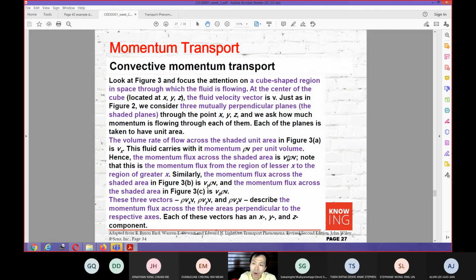You can then check what the unit is for this one to make sure that the derivation is correct. You have three types of forces here. The force in the x direction is rho vx v, in the y direction is rho vy v, in the z direction is rho vz v. Each of these vectors also has an x, y, and z component.